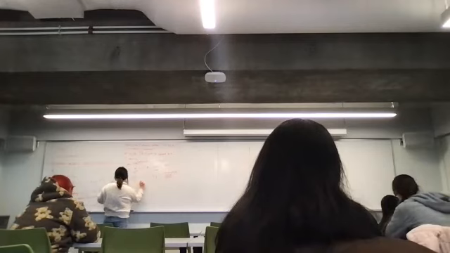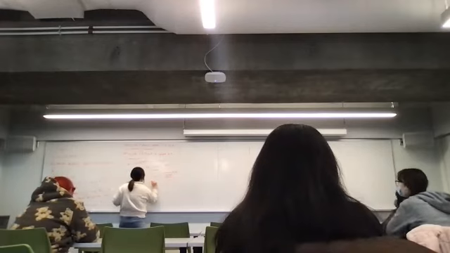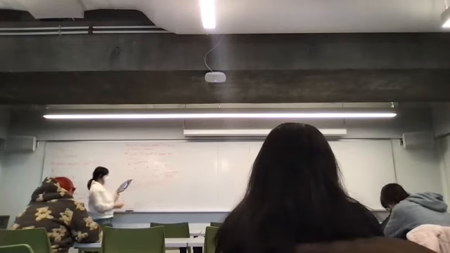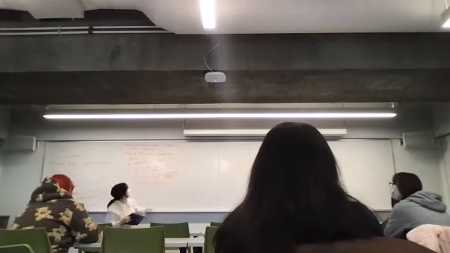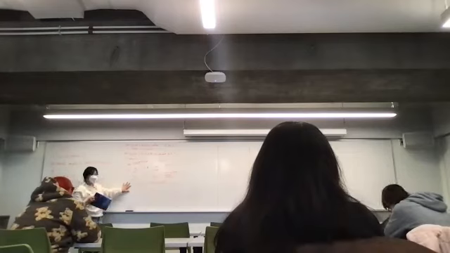xij is less than or equal to yj for all Pi, Pj in P. Can anyone tell me why I would do this?